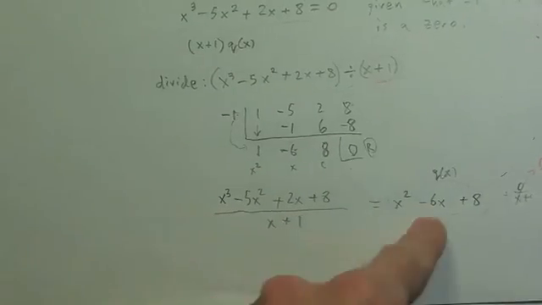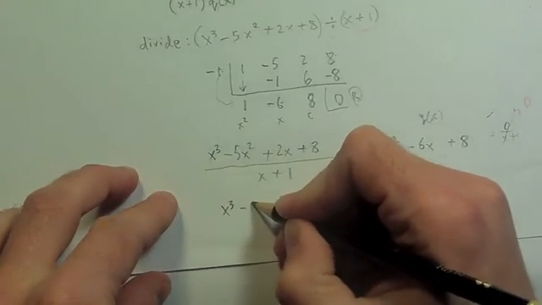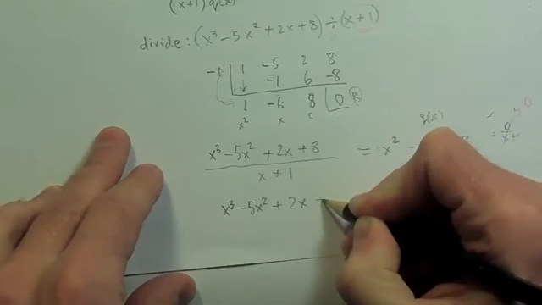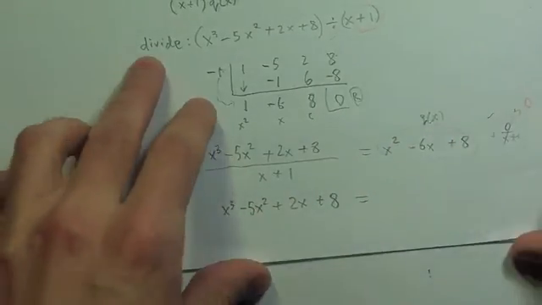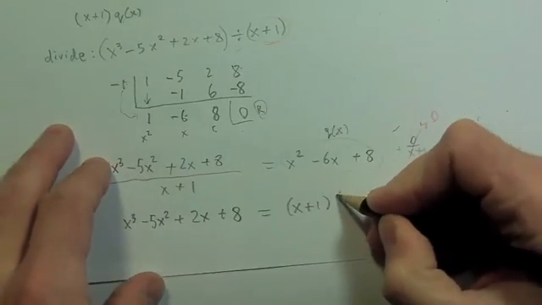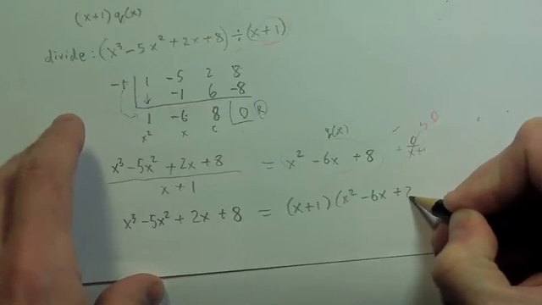So what that means, if I move this over now, right, multiply by that divisor, I get x plus 1 times x squared minus 6x plus 8.